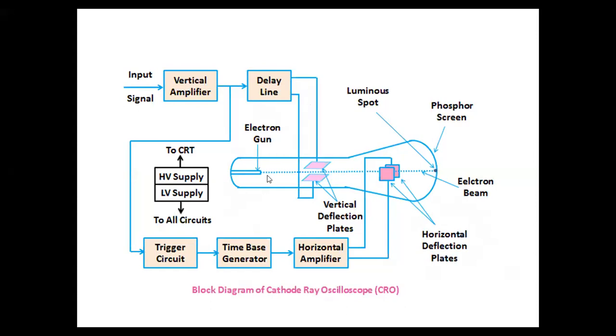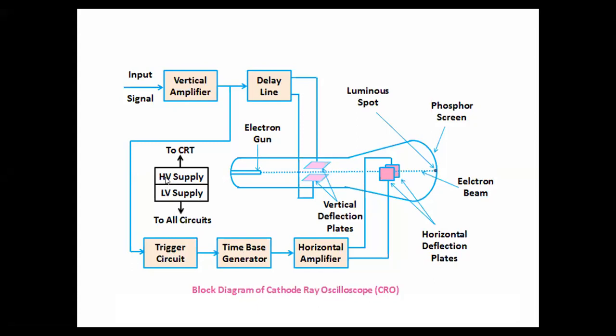In addition, to run this CRT and the other circuits in the CRO, we require some power supply. That power supply is provided as HV supply and LV supply, high voltage supply and low voltage supply.